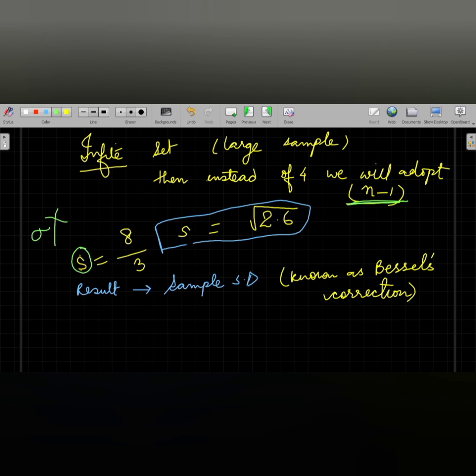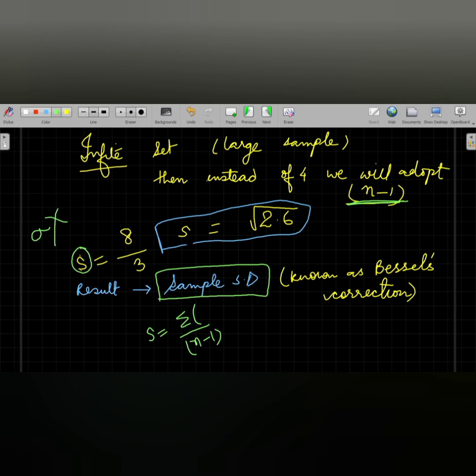Clear? Everything remains the same, just the denominator will be n minus 1, and instead of sigma we write small s. We call this the sample standard deviation. The formula is s equals the square root of the summation of (x minus mean) squared divided by n minus 1.